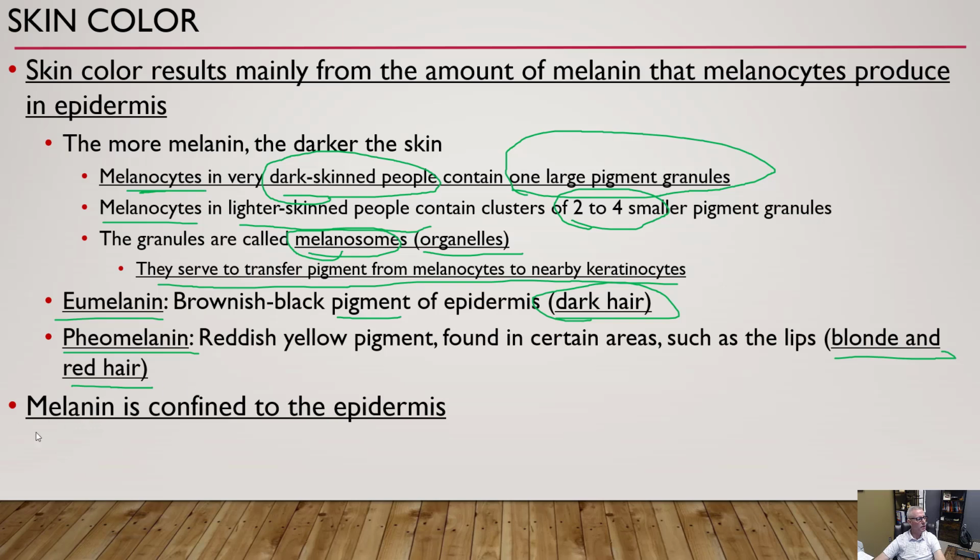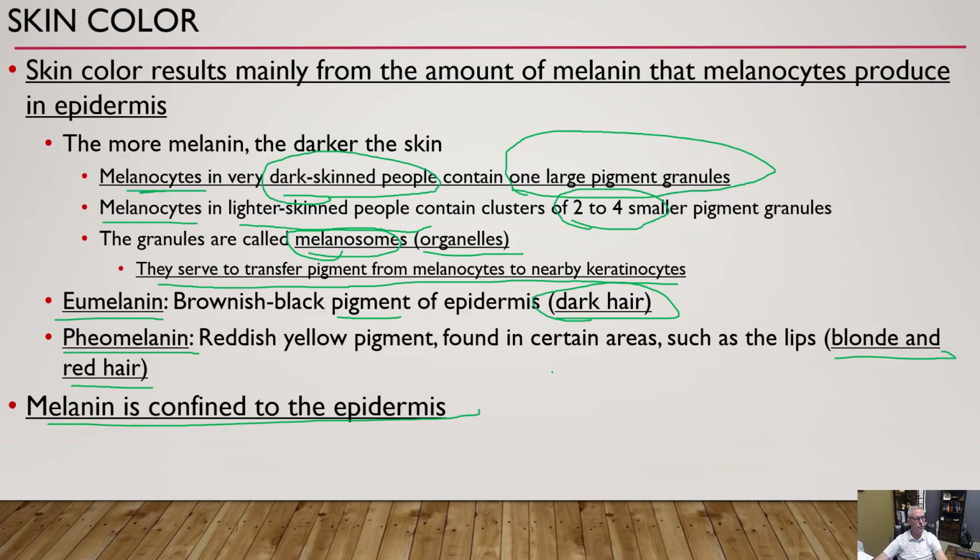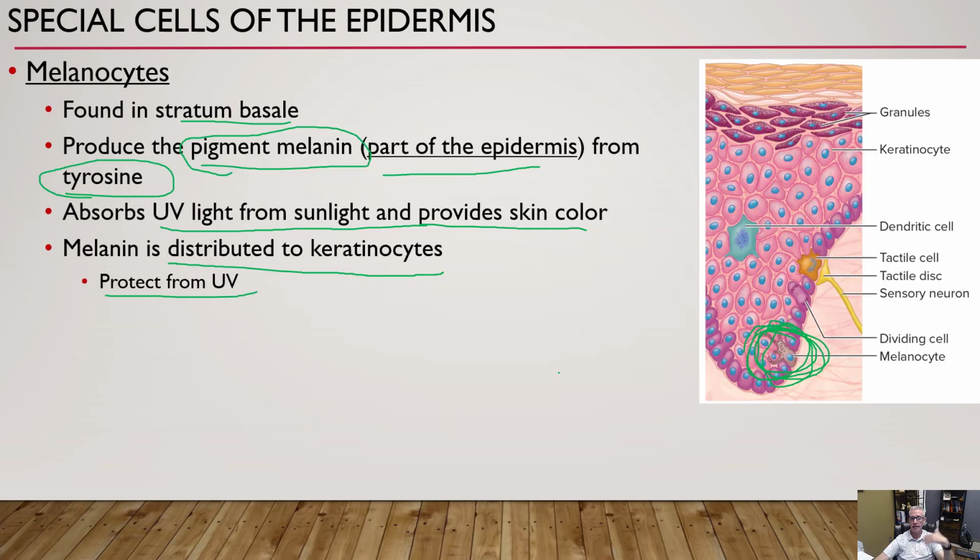And remember that melanin is confined to the epidermis. Melanocytes are confined to the epidermis. So therefore, melanocytes produce melanin, so melanin is going to be confined to the epidermis as well, which makes sense because as you tan, your tan doesn't last for very long.